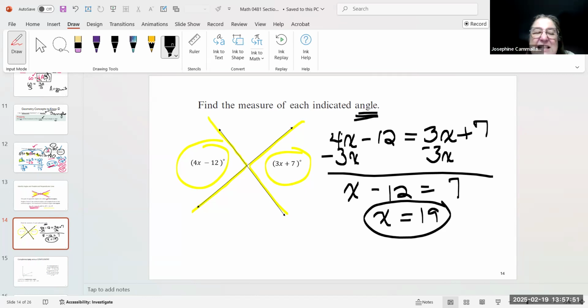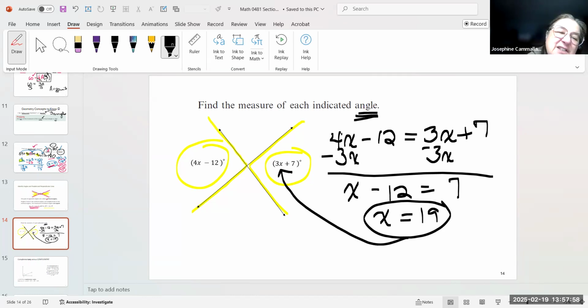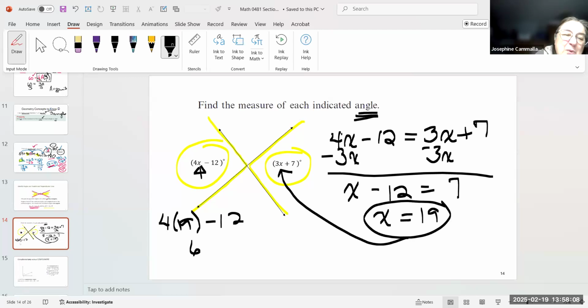But it's asking me for the angle. Where this x is and where this x is, I'm going to do 4 times 19 minus 12, which is 76 minus 12, is 64 degrees.